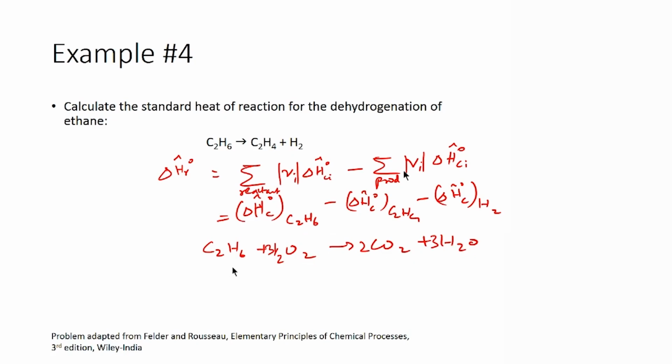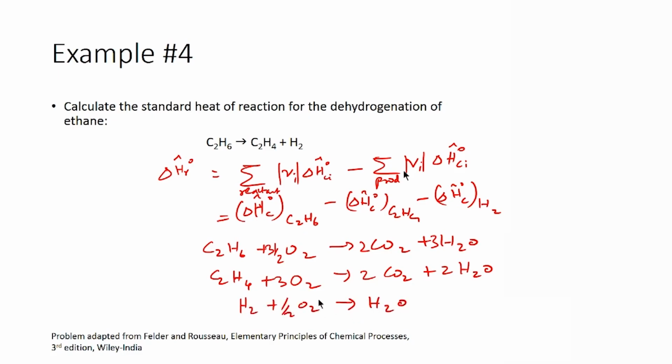And you have C2H4 plus oxygen forming 2 CO2 plus 2 H2O, so 4 plus 2, 6. So you will have 3 molecules of oxygen reacting for this, and finally you would have hydrogen plus half O2 reacting to form H2O. Let us call these equations 1, 2 and 3.